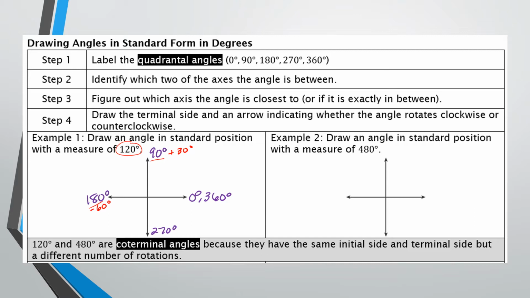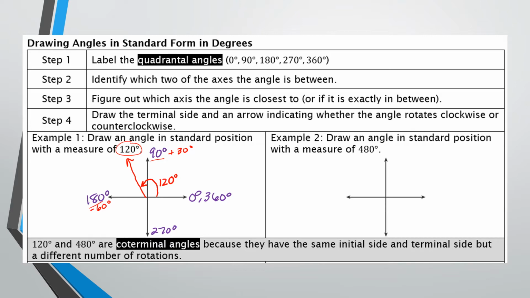So when I draw the terminal side of this angle, I'm going to draw it a little bit closer to the 90-degree angle than to the 180 degree. The last thing I have to do is to draw an arrow indicating which way the angle rotated. So because this is a positive angle, it's going to be rotating counterclockwise. So I'm going to draw my arrow, and then I'm just going to put 120 degrees here to label that that's the measure of this angle.